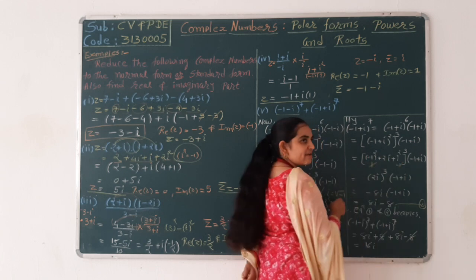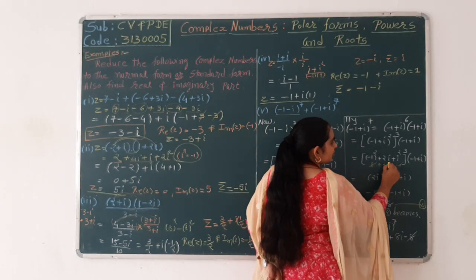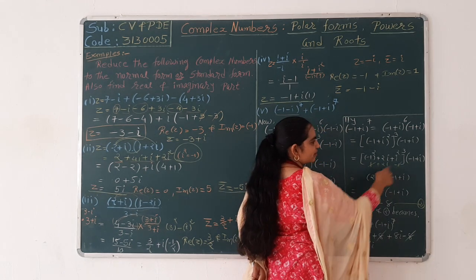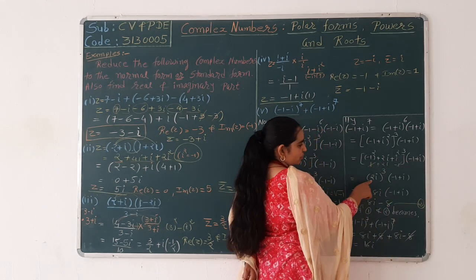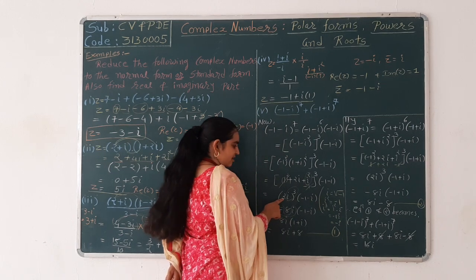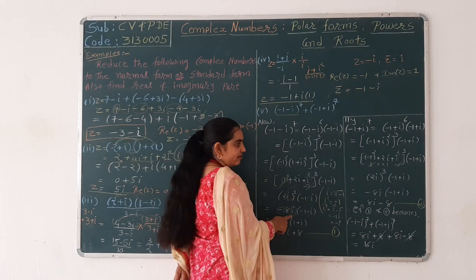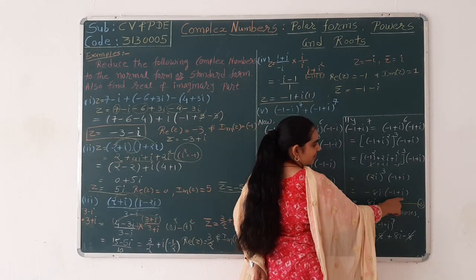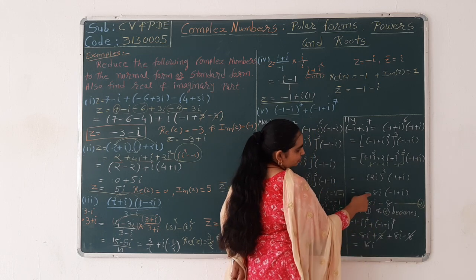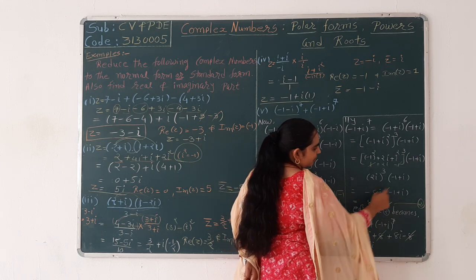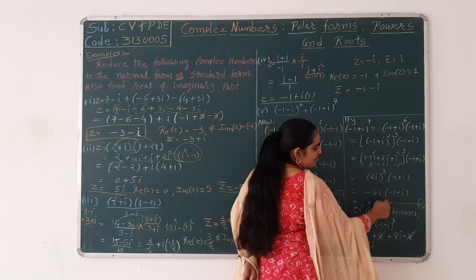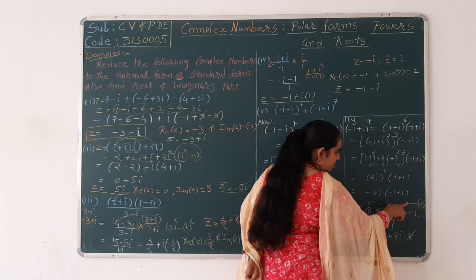That means this term will be cancelled out. That means 2i cube into minus 1 plus I. 2i cube, that means minus 8i into minus 1 plus I is equal to, now multiplying, 8i minus plus minus 8. This is equation number 2.